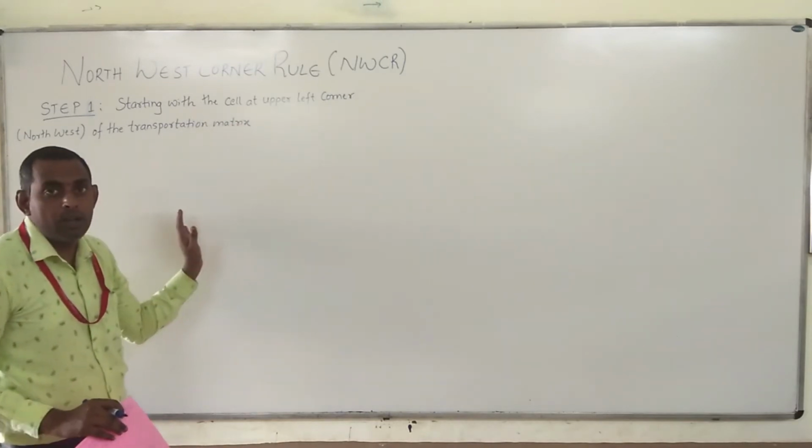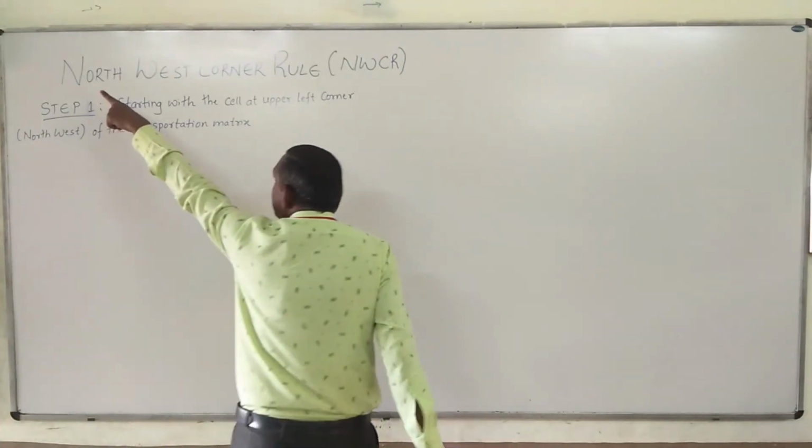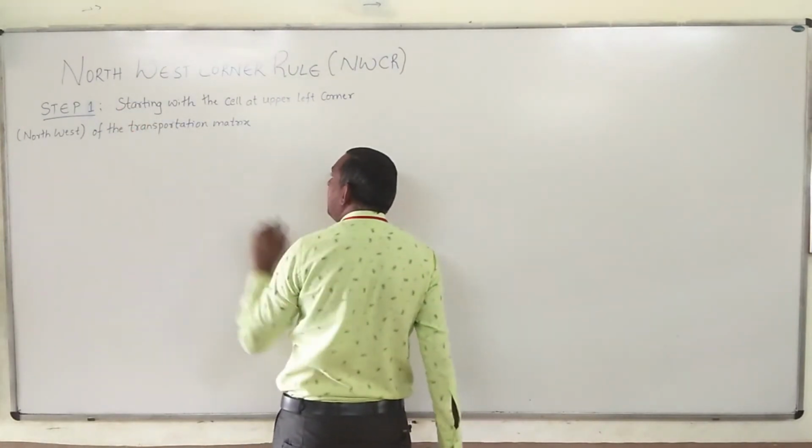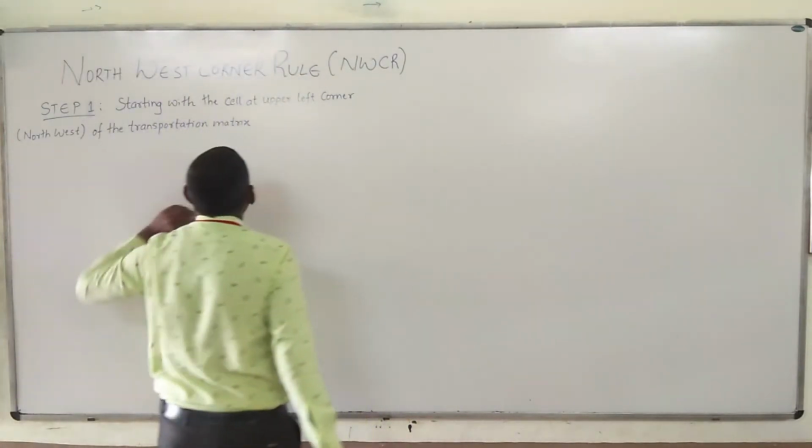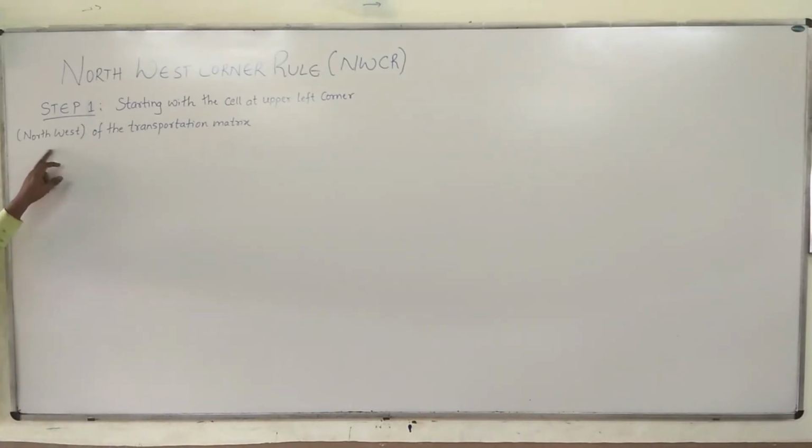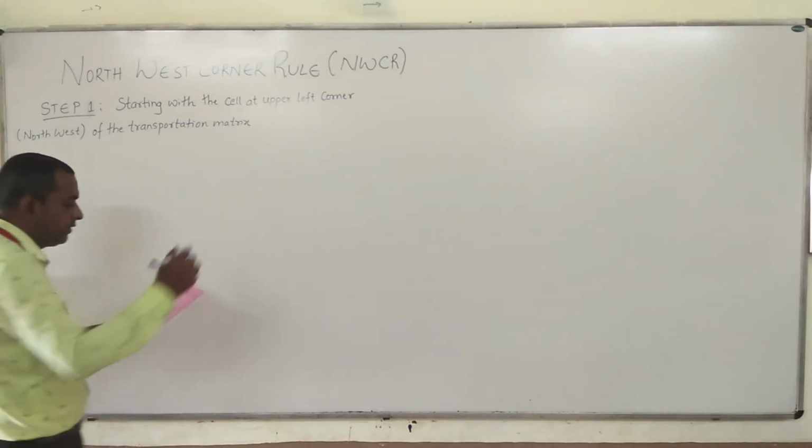Upper left corner. Upper left corner means this corner, right? That corner is called the northwest corner of the transportation matrix.